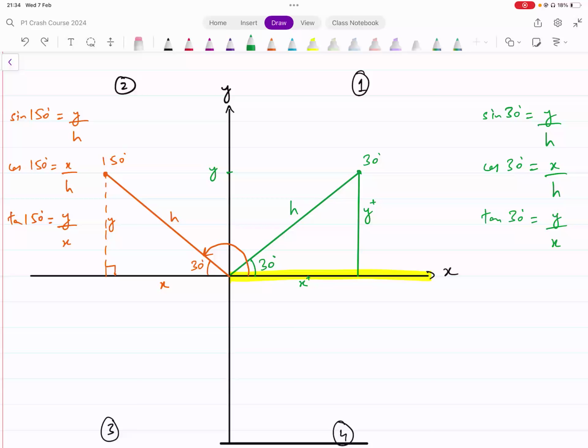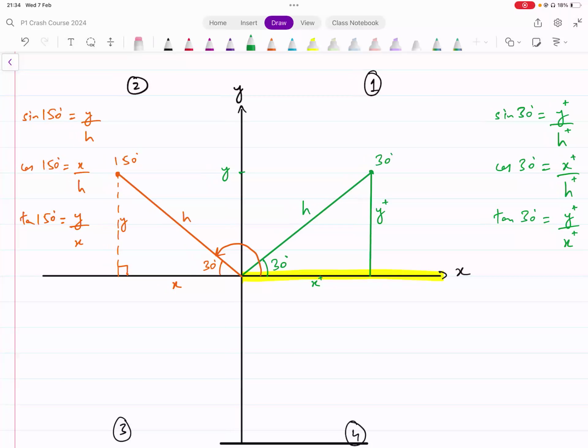H can never be negative, but x and y are sometimes going to be positive, sometimes going to be negative, depending on which quadrant you are in. In the first quadrant, both y and x are positive. So y is positive, x is positive, right? And h is always positive. So all of these are positive.